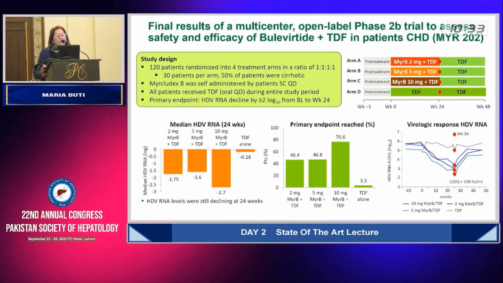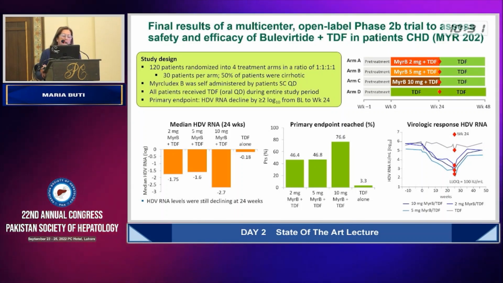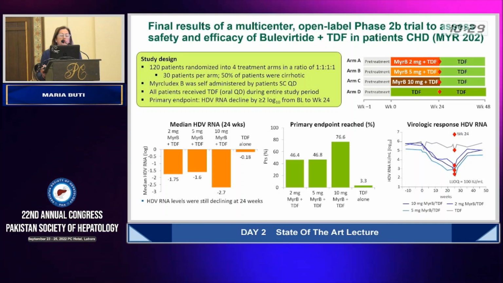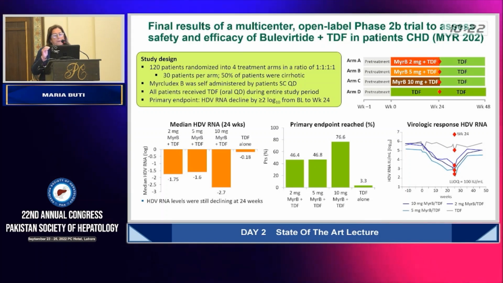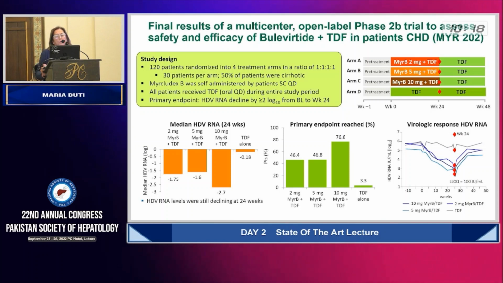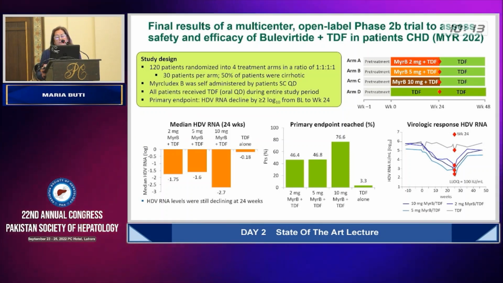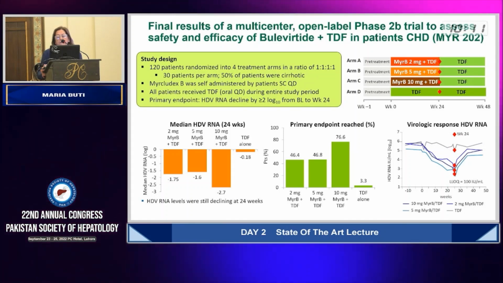The study shows a reduction in HDV RNA levels that seems dose dependent, but at the end, the primary endpoint of the study, a weak endpoint of 2 log declines in the level of viremia, was similarly reached with 2 milligrams and 5 milligrams.